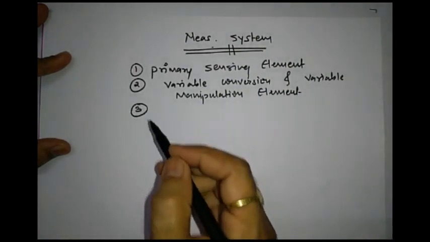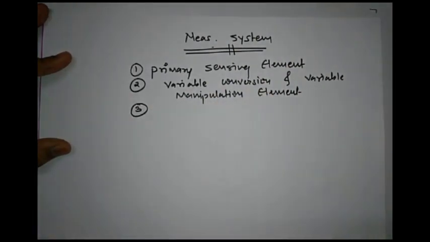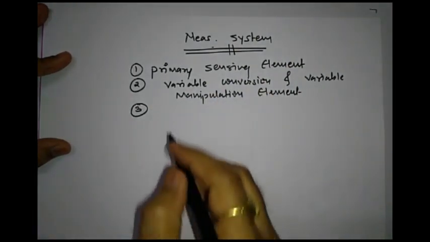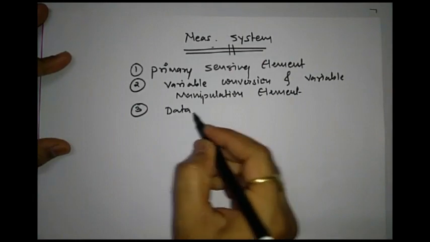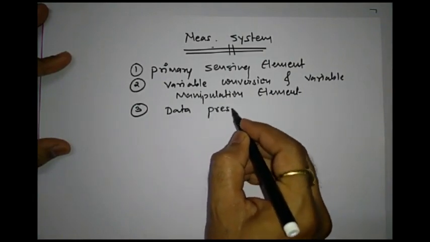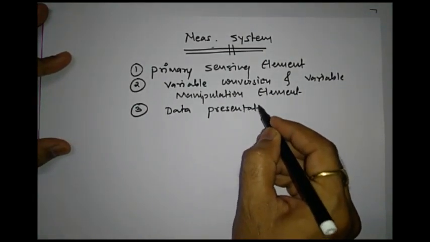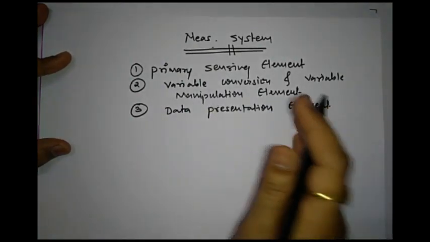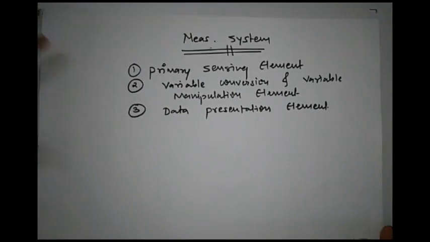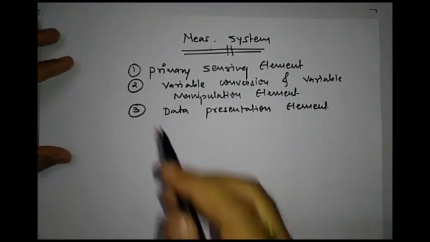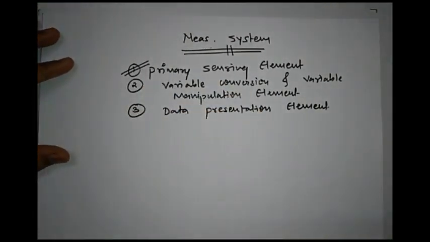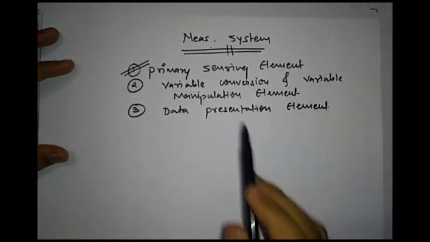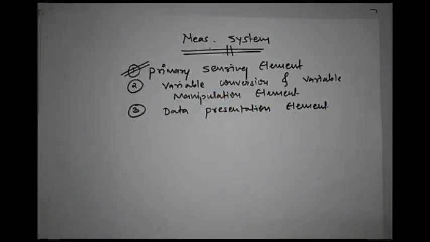And third, the last element available in any measurement system, is the data presentation element. So what is this primary sensing element? The main function of the primary sensing element is to sense the value of the unknown quantity which we are interested in measuring with the help of our measurement system.